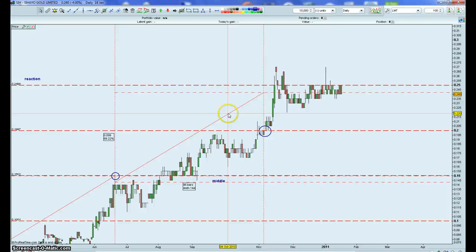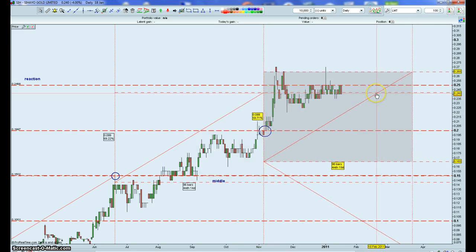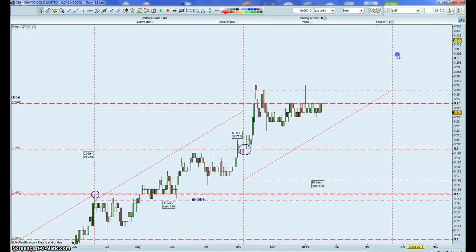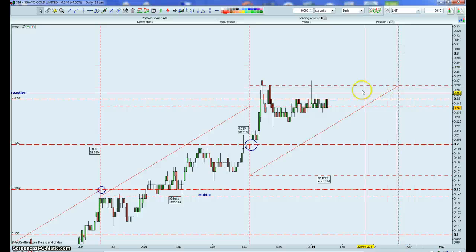So why don't we repeat this again? Bang. Okay, so what's that telling us over here? Well, the one line we haven't drawn is, if we repeat the distance between these lines, another reaction line further up. So we'll use the fibs to help us.